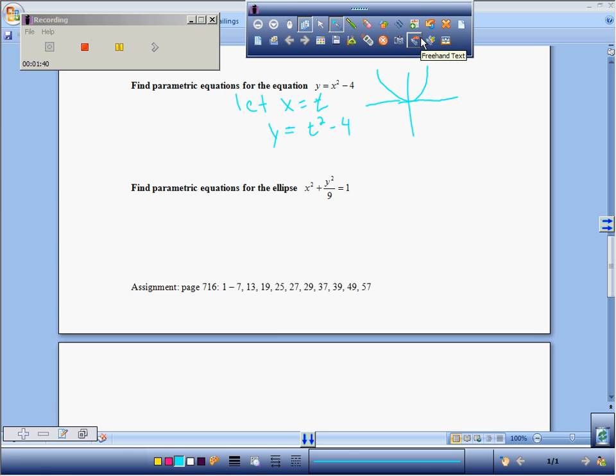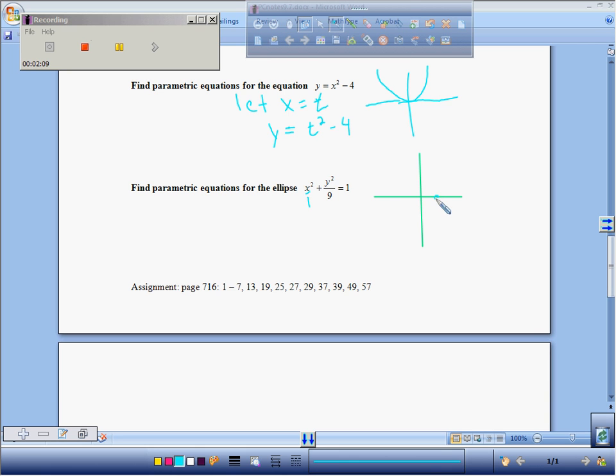Okay? And then this says find parametric equations for this ellipse. What you do here is, first I would sketch a picture of it. This is an ellipse, and since there's a 1 underneath here, it would go out how far?